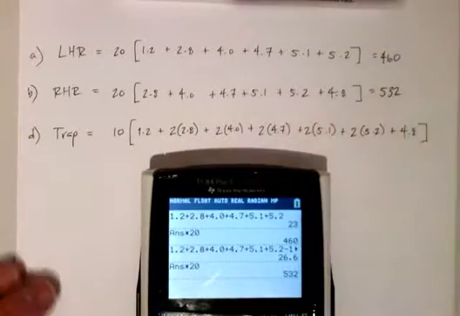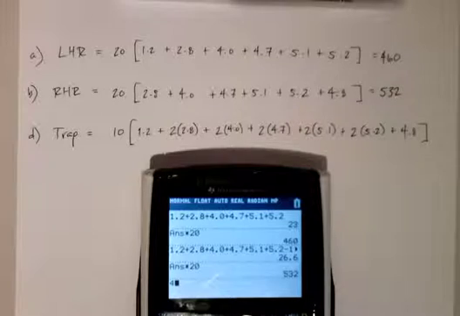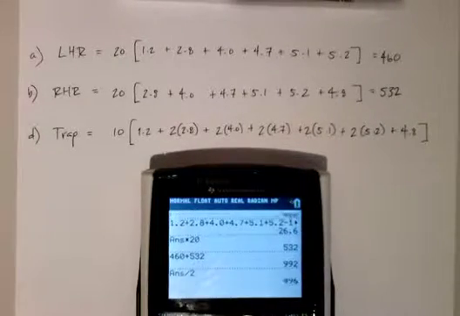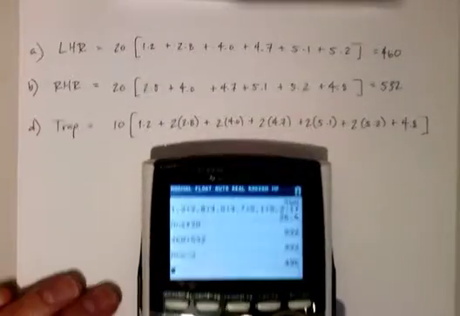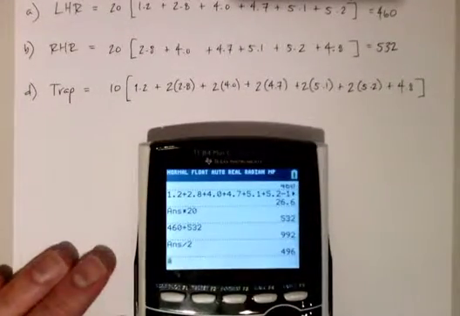that'd be 532. Now remember that I told you that the trapezoidal rule is the average of the left-hand and right-hand Riemann sum, so let's see whether that actually plays out.